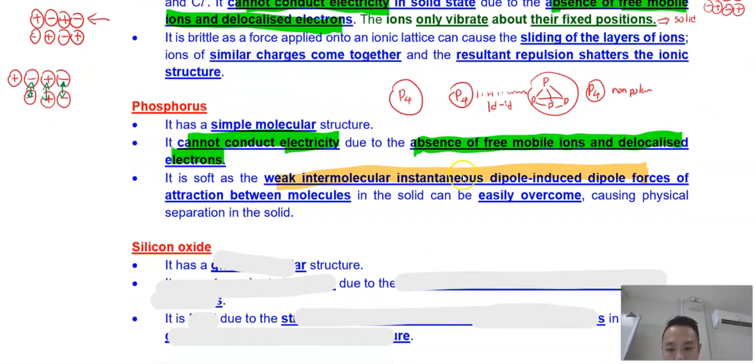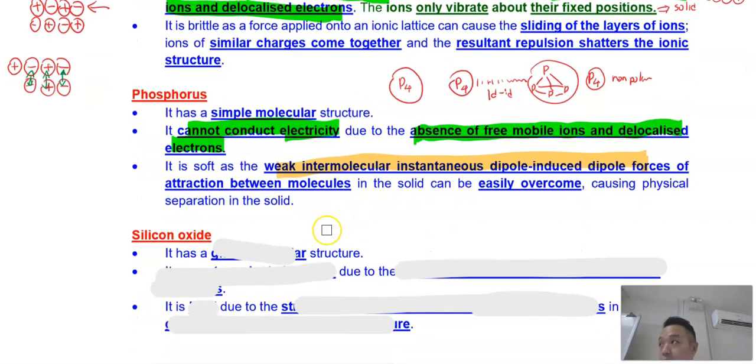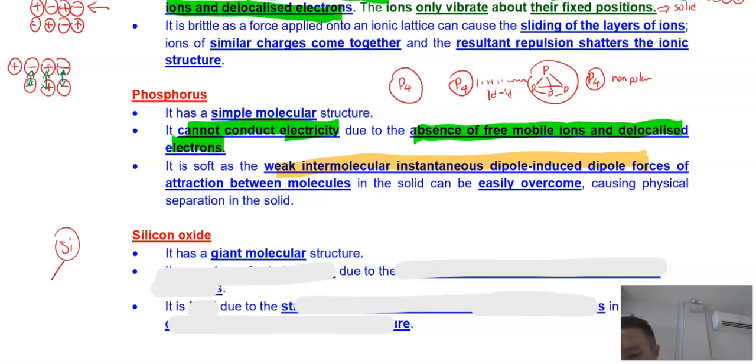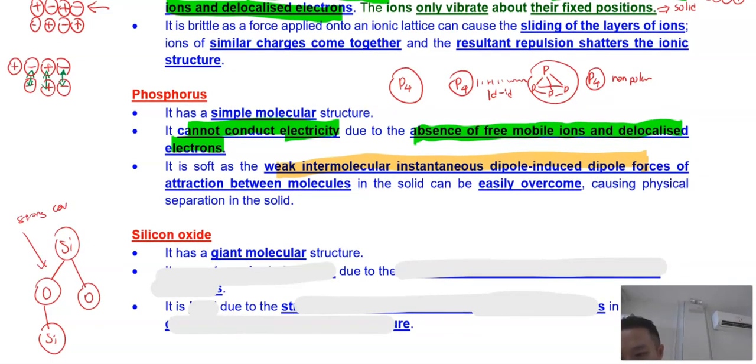Last but not least, SiO2. SiO2 has a similar structure to diamond. Giant molecular structure. Essentially, in SiO2, you have your Si atoms held by strong covalent bonds, extensive covalent bonds.